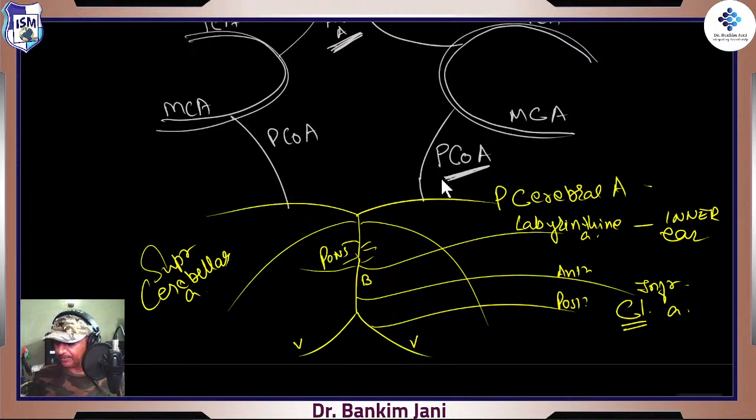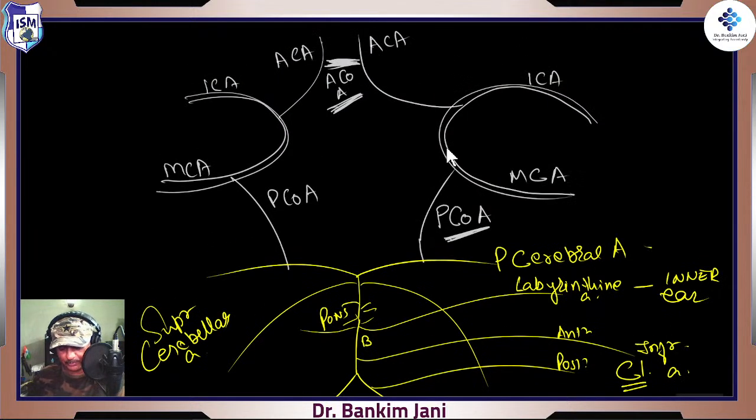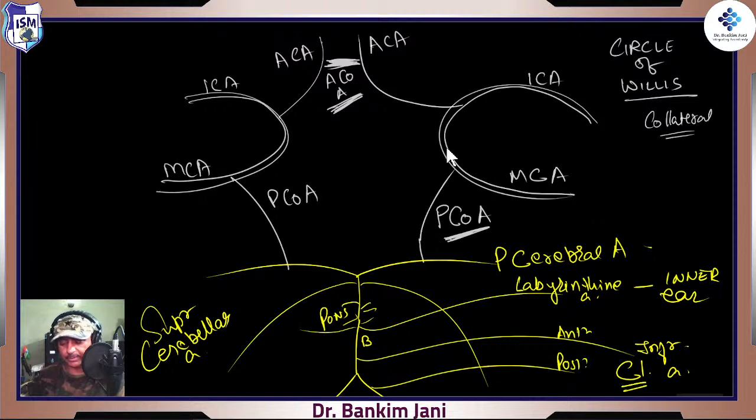Now, interestingly, I tell you one thing, see, this is why such a beautiful system. This circle of Willis, it is so easy to say, okay, why such thing? The backup circulation, it is for collateral circulations. But remember one thing, this collateral circulation is of no use in case of accidents or something which is happening instantly.